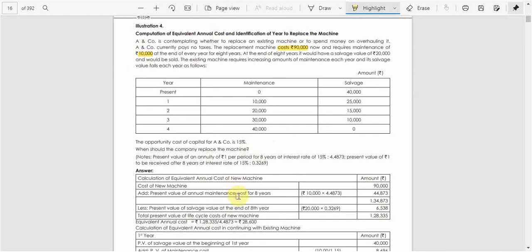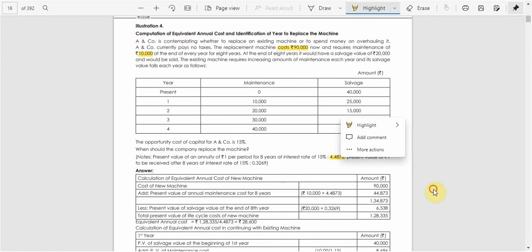So the present value of the annual maintenance cost for 8 years is 10,000 into 4.4873. This value is already given in the problem, right?